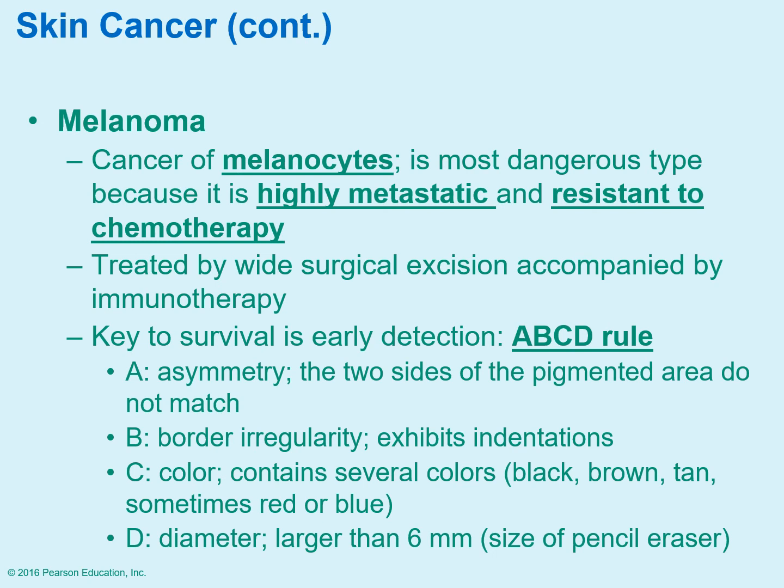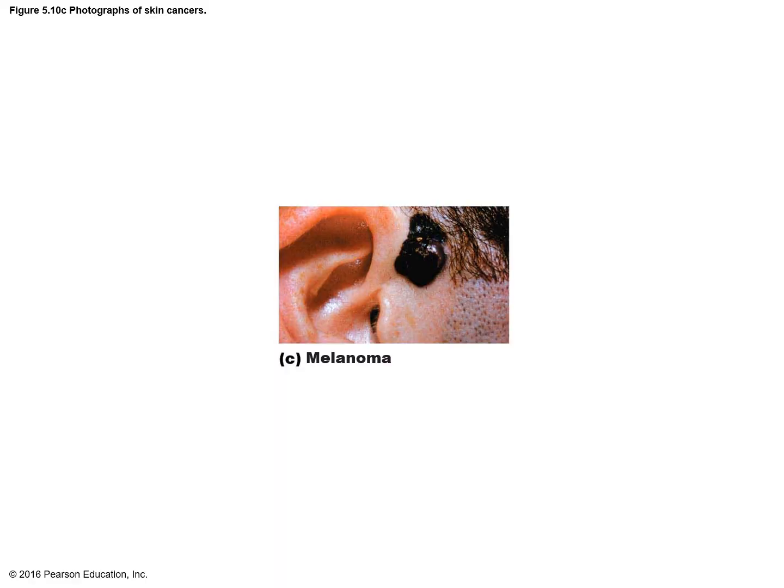A mole is usually just black or brown. If it has several different colors, check it out. D, diameter. If it's larger than the size of a pencil eraser, get it checked out. And if you have a mole that suddenly changes, get it checked out. This is an example of what a melanoma looks like.